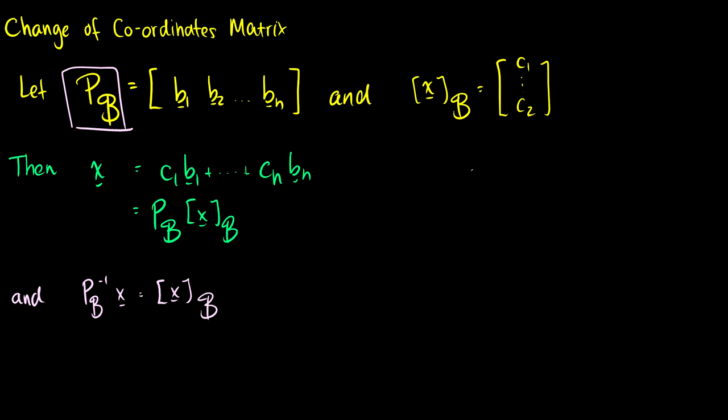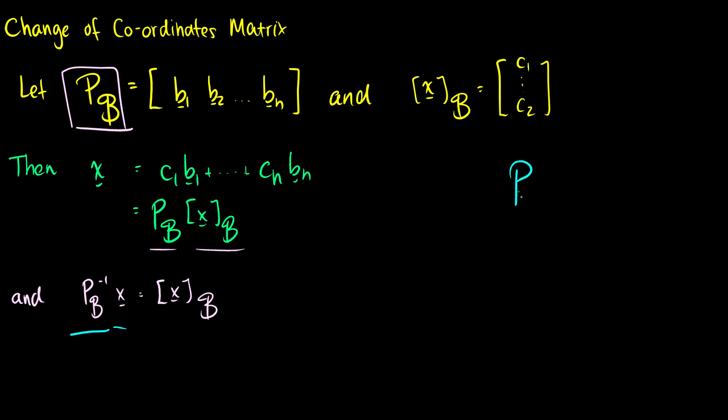So we can write a vector x as the change of coordinates matrix times the vector x relative to b. And because of what we've learned earlier about linear transformations, we know that we can just take the inverse here. So the vector relative to b is just equal to the inverse of the change of coordinates matrix times x.